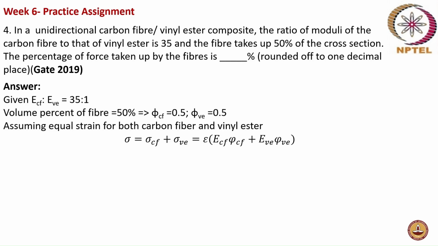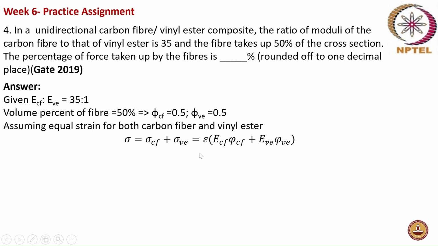Okay. So again, your total stress will be the summation of individual stresses, right? So the stress taken up by carbon fiber and the stress taken up by the ester. Your strain is constant, so you are just expressing these in terms of the strain.